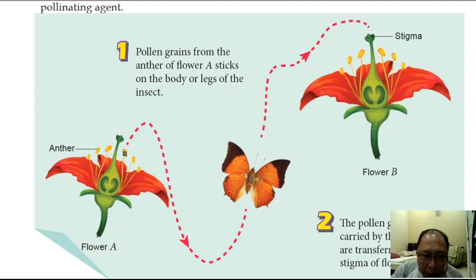For example, in this one, the pollen grain is transferred by a butterfly. Pollen grain from the anther of flower A sticks on the body or leg of the insect.